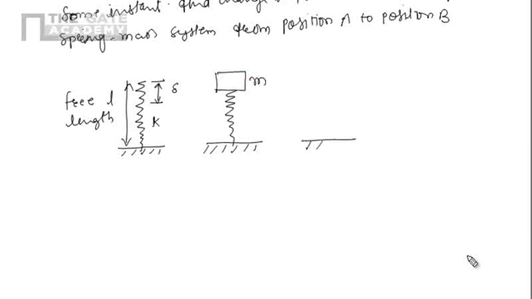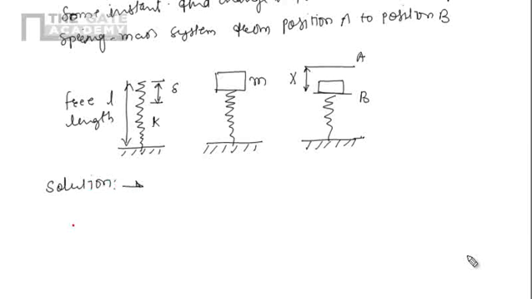And if we go from A to B, here I am having position B, here is A, so this one is x. Now we have to find out the change in potential energy of a spring mass system from position A to B. So let's solve this problem.